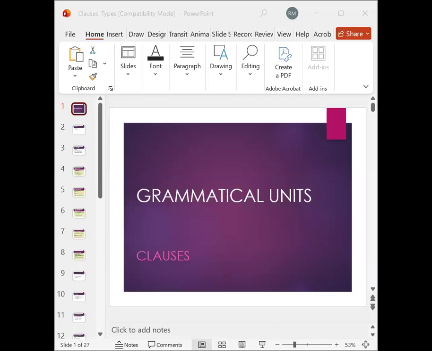So we will take a quick review of last week's lesson. Everybody's going to write or tell me what they remember from the class, and then quickly we will run into clauses and we'll move on. So, what do you remember from the last lesson?